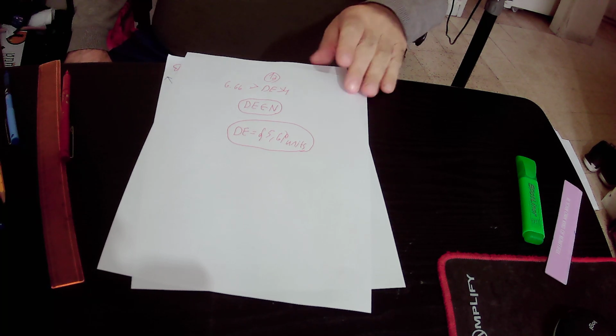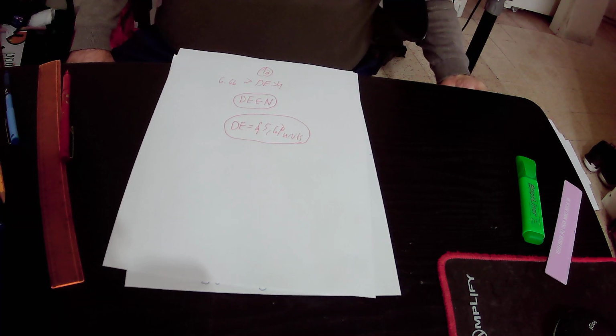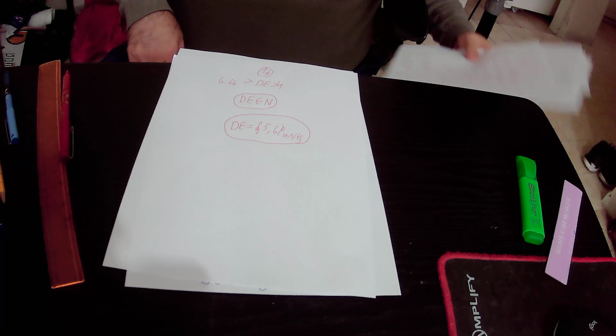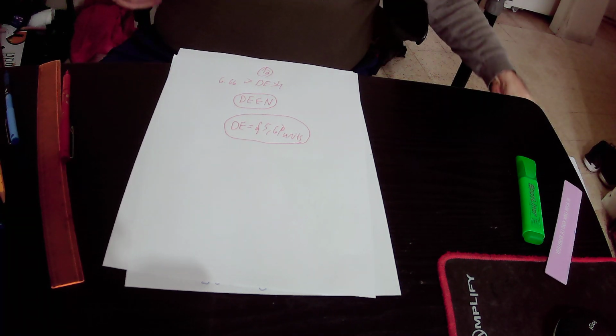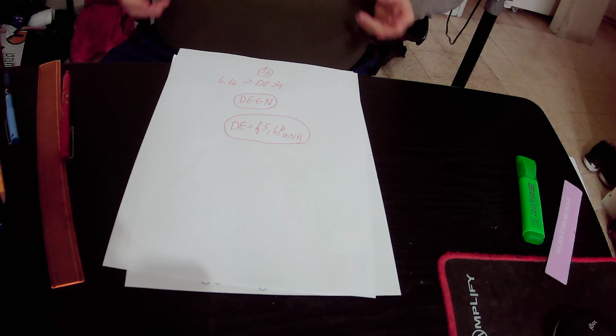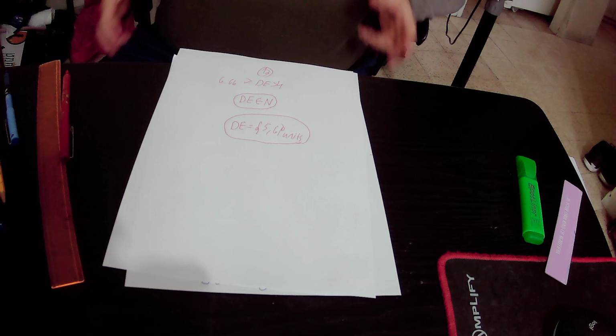But it is given in the question that DE belongs to the natural numbers. That is to say, DE is a natural number. What is a natural number? A natural number is a positive integer. So we know that DE must be a positive integer.